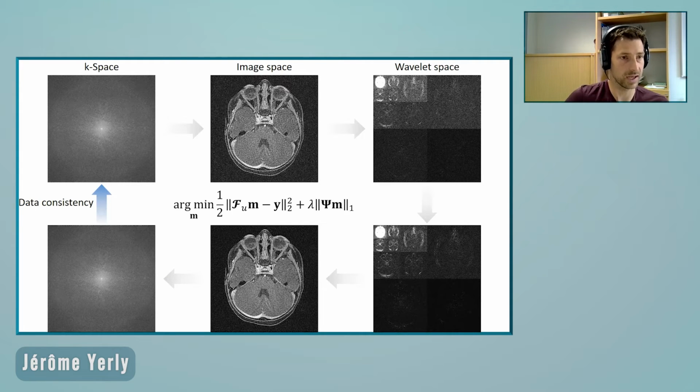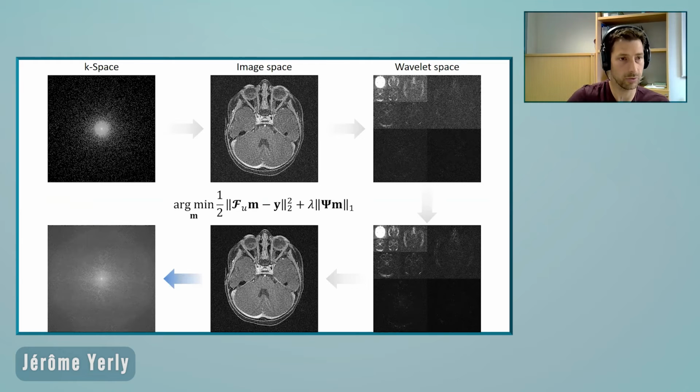Now we have this new k-space data, and you may notice that we started with a k-space that had a lot of zeros, but after the soft thresholding operation, there are no longer any zeros in there. It means that some of the information got propagated to the k-space coefficients that were not acquired.